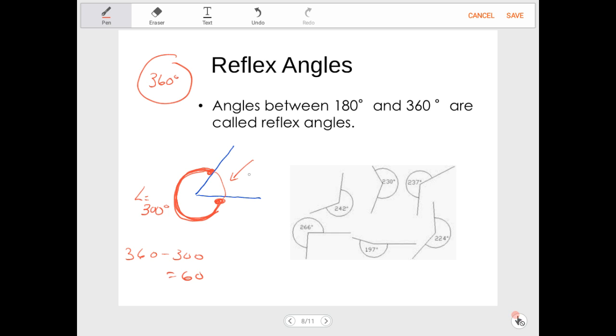So I guess what I'm trying to show you here is when you have a reflex angle, which is what I'm here to tell you about, at the same time you can always figure out what it takes to complete the rest of the circle. And what I'm trying to say to you is that is an acute angle. So when you have a reflex angle, on the other side of those two rays, you have an acute angle. Anyway, I think that's pretty easy to understand. Just wanted to make sure I pointed that out.